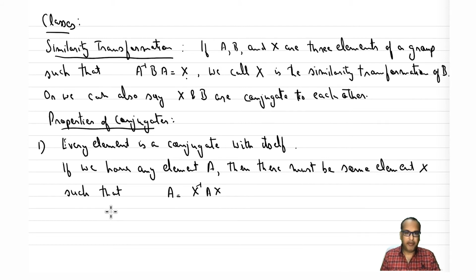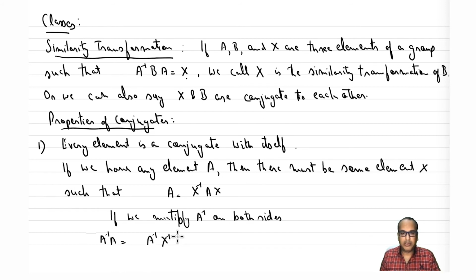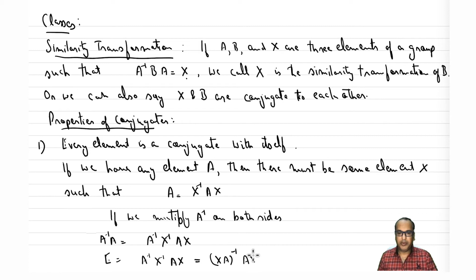Okay, so now how do we prove this? Let us see. If we multiply A inverse on both sides, we have A inverse A equal to A inverse X inverse A X. This implies that E is equal to A inverse X inverse A X. If you remember that the inverse of the product is equal to the product of inverses in opposite order, we can write A inverse X inverse as (XA) whole inverse into AX, right?